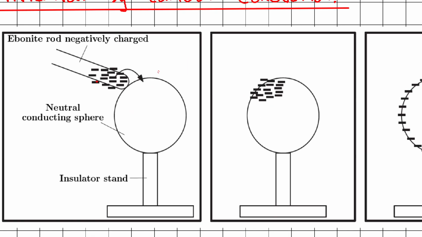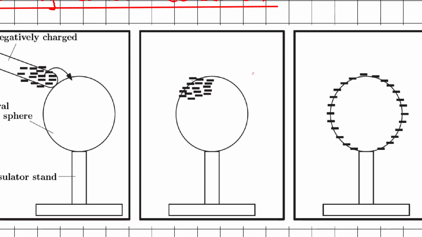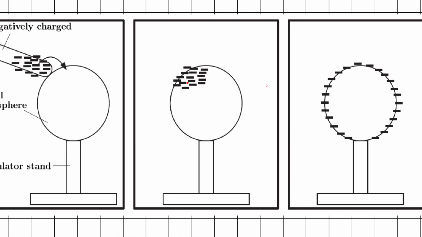The moment this rod is brought in contact with the neutral conducting sphere, the electrons are going to migrate from the rod to the sphere. The electrons being found at this location, and this is a conductor, so the electrons can flow easily through it.